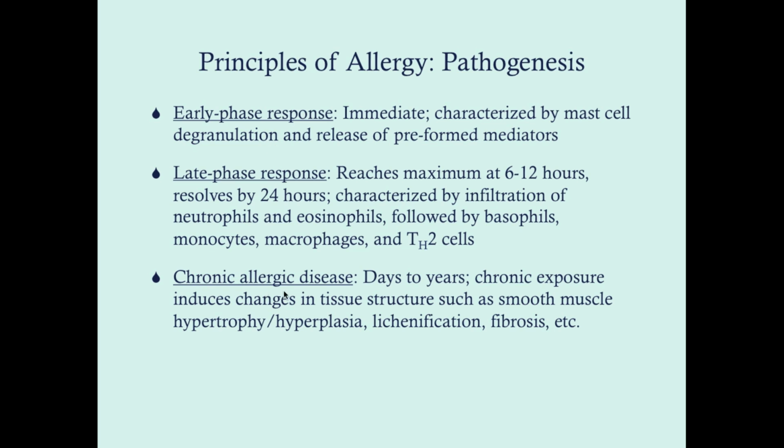Now, the chronic allergic disease sets itself apart from these other two in that the chronic allergic disease is something that you see when you are exposed constantly to the allergen over a long period of time. So with the chronic phase disease, over time, as you are exposed to the allergen, eventually these cytokines and these inflammatory mediators can induce tissue remodeling.